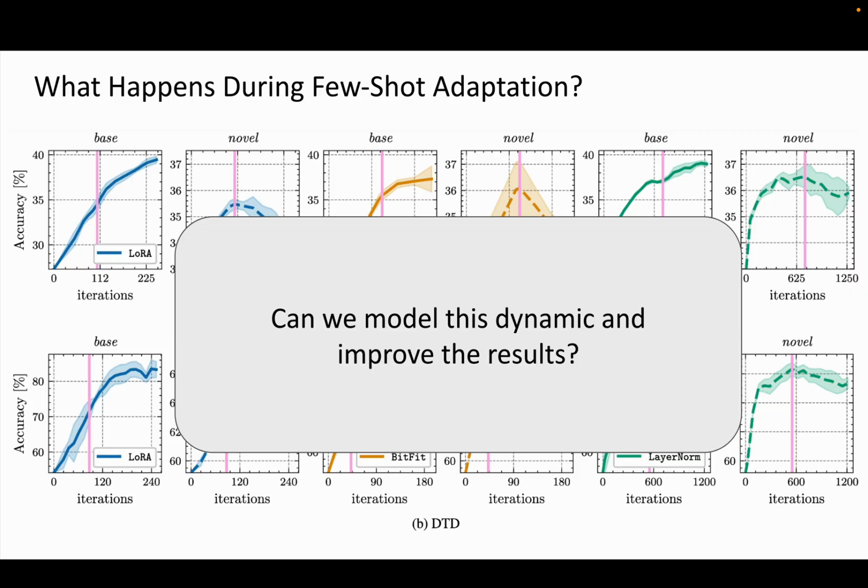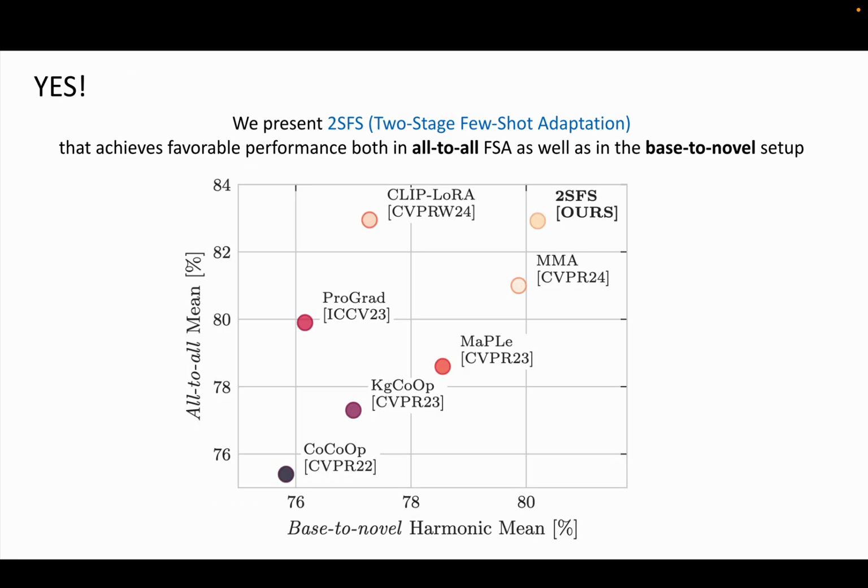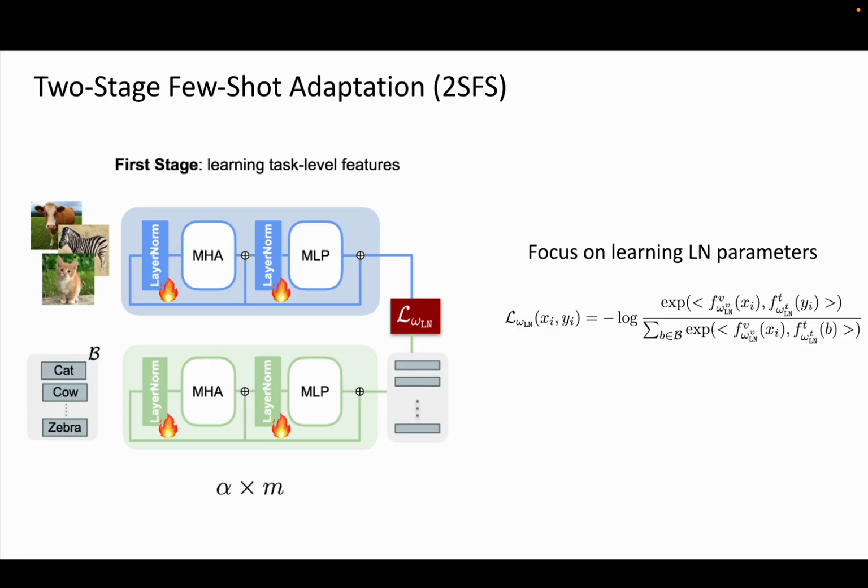So obviously the question that we ask is whether we can exploit this dynamic, and obviously yes, otherwise I wouldn't be making this video. We present a very simple algorithm which we call two-stage few-shot adaptation, which works very simply. So we take any parameter efficient fine-tuning technique.